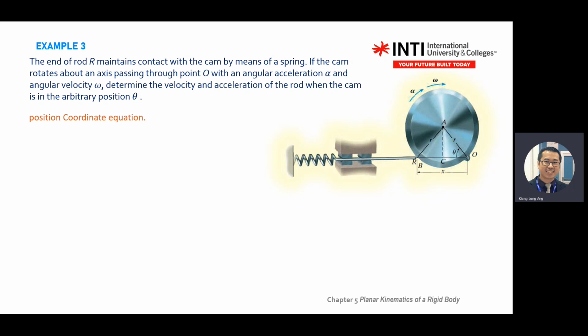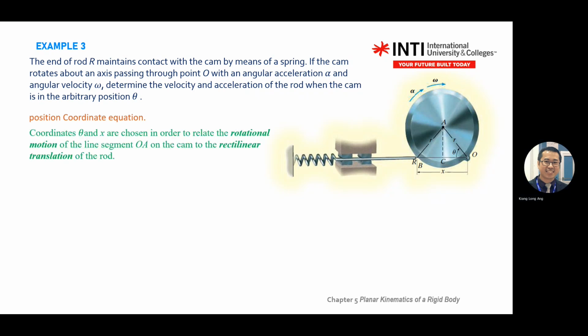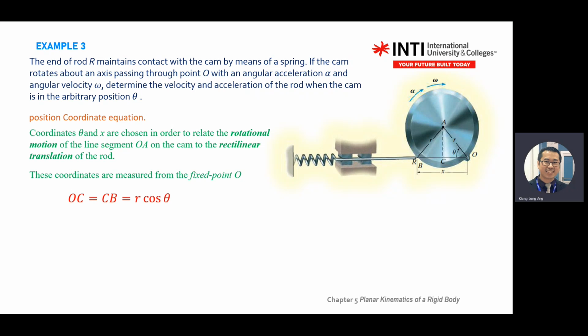You derive by starting with your position. The coordinates theta and x are chosen. This rod is moving in a rectilinear translation motion.